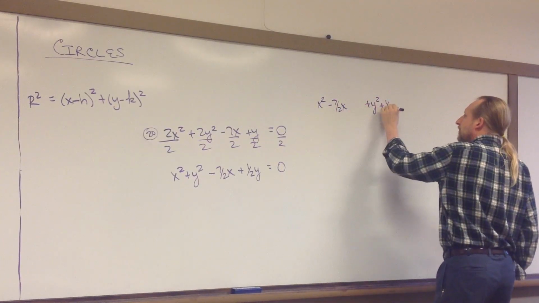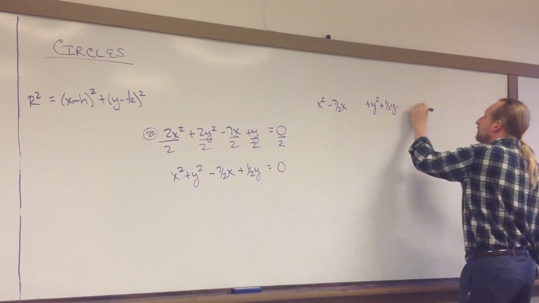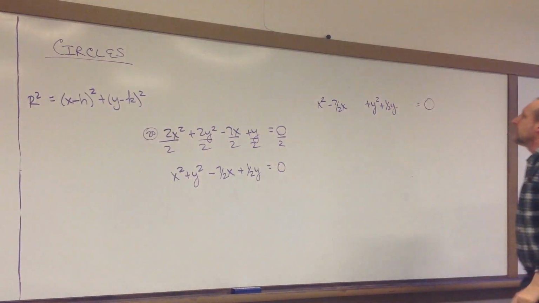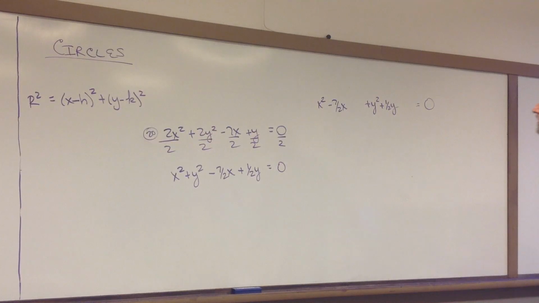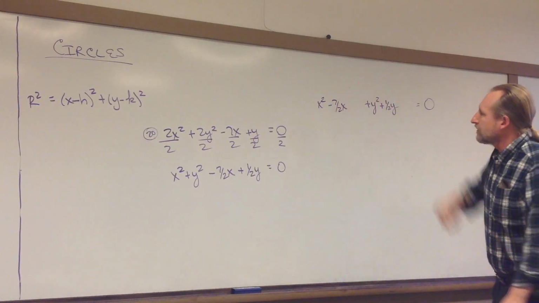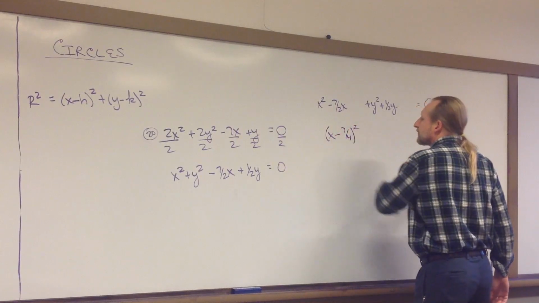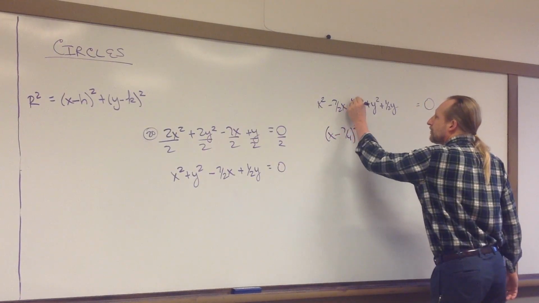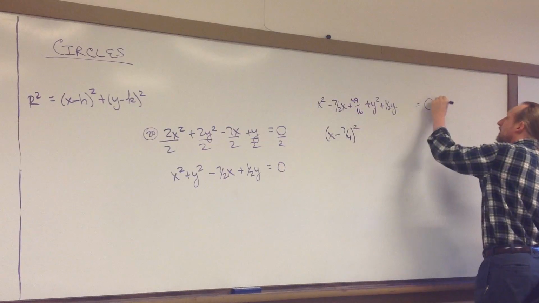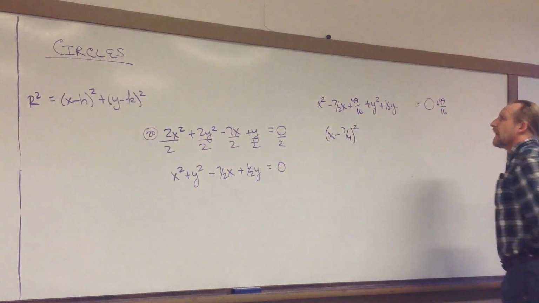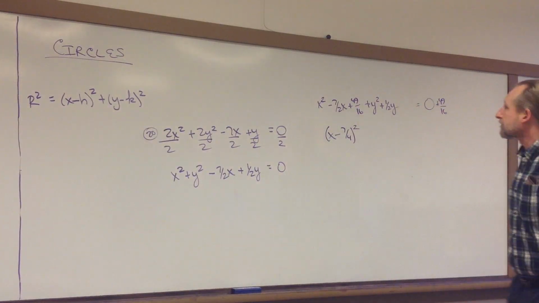Y squared plus 1/2 y, leave a space. 0 on the other side. Okay, so we've got to take this coefficient and cut it in half, and that'll be 7/4. Then we've got to add 49 over 16 to both sides to complete that square.